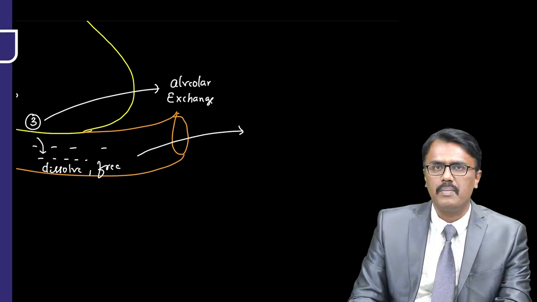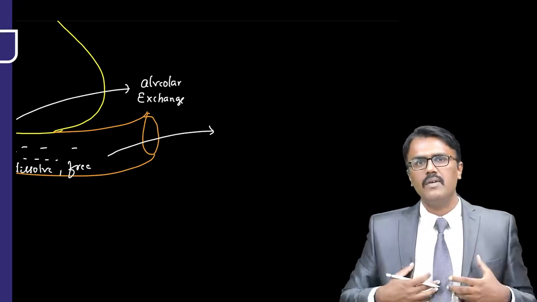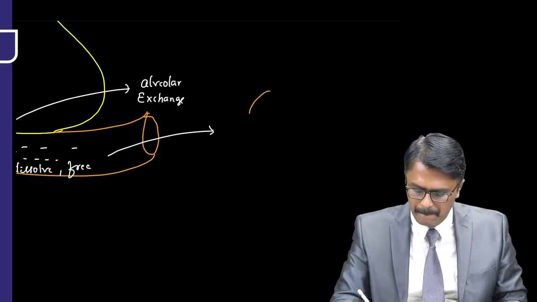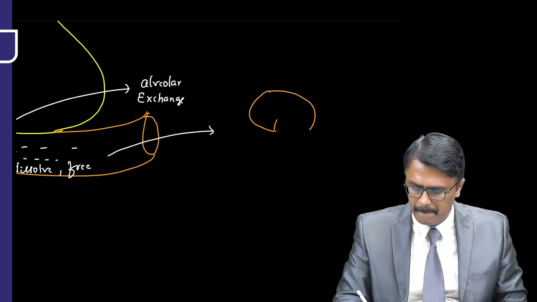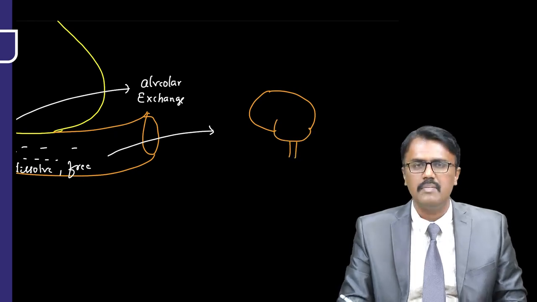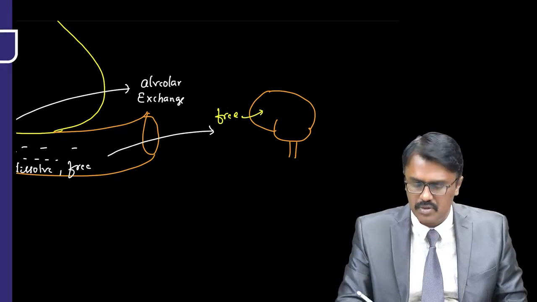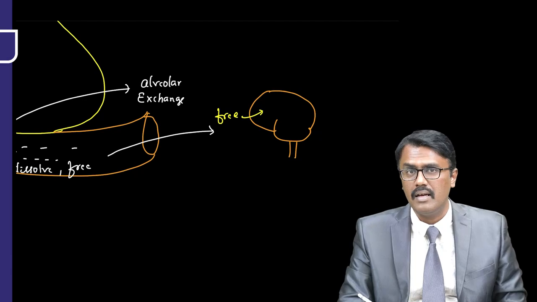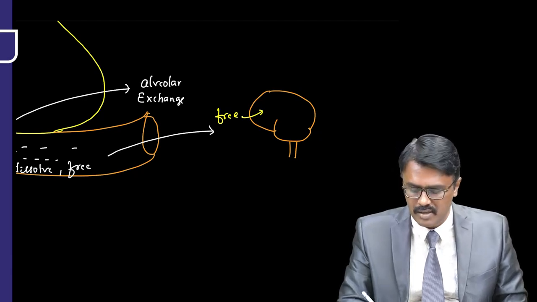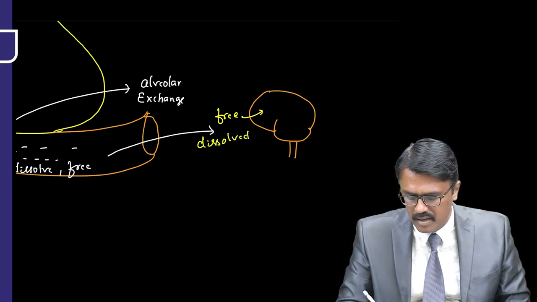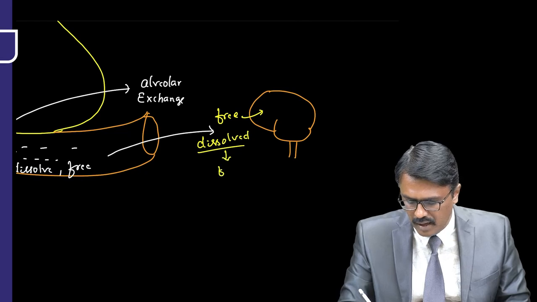They go from the lungs to the heart, and from the heart they reach the brain. This is the brain. When they reach the brain, remember the free one is easy to go inside because it's free. The one which is dissolved in the blood has to become free and then enter.